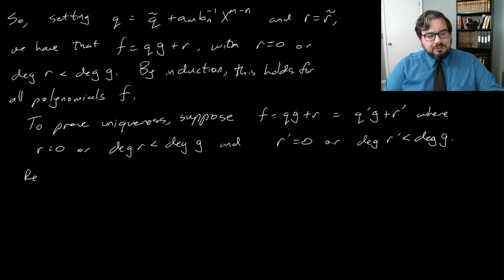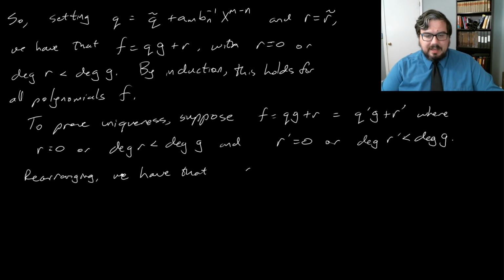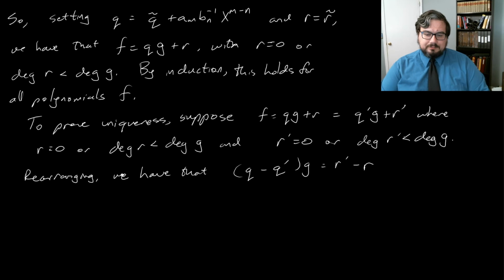Let's rearrange, getting all the q's on one side, all the r's on the other. Rearranging, we have that (q minus q prime) times g is equal to r prime minus r as polynomials.